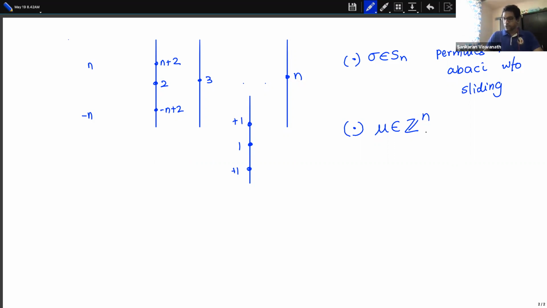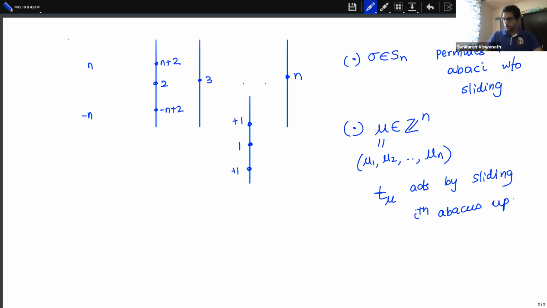So remember mu in Zn is a tuple of integers, mu_1, mu_2, up to mu_n. And the action of this element mu, or what we call T mu, on the integers, T mu acts by sliding the ith abacus up by the amount mu_i.